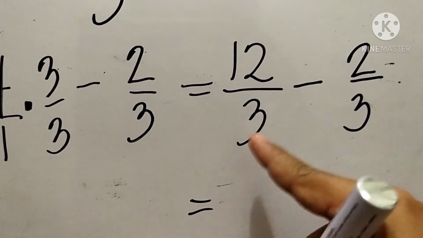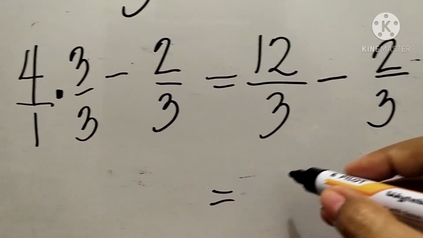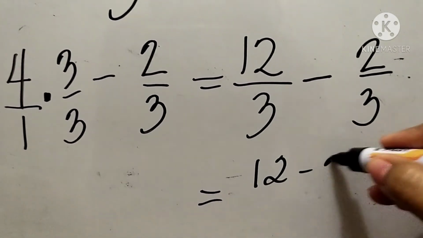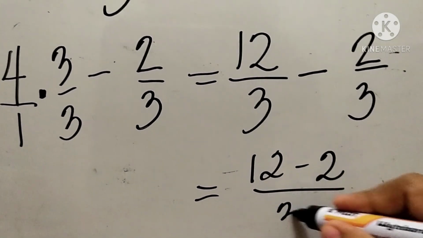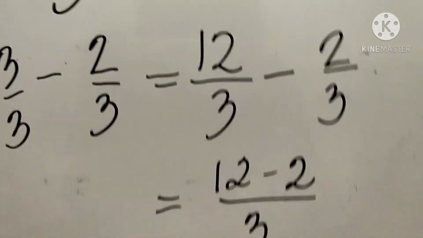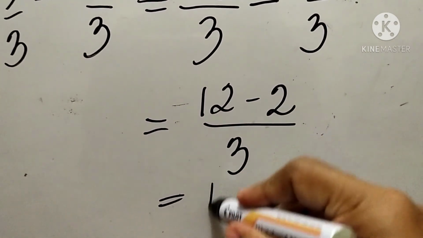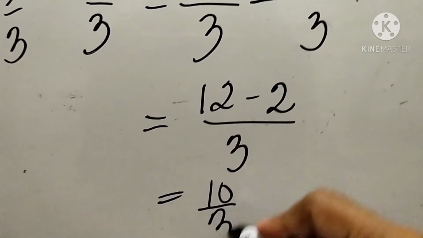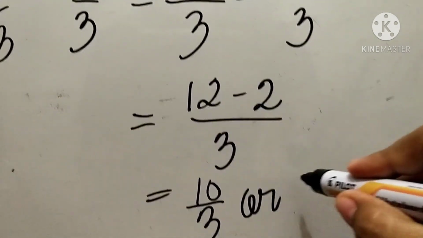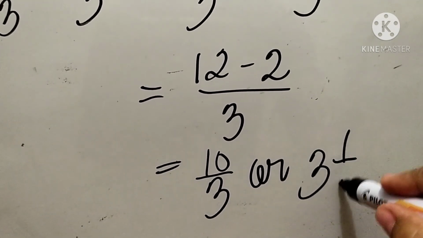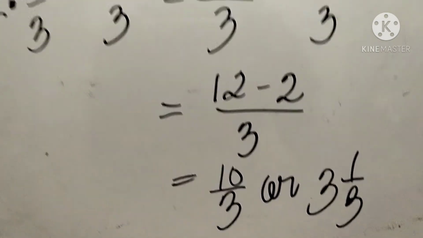Since the denominators are already the same, you can just combine 12 minus 2 over 3. Then 12 minus 2 is 10 over 3, or dividing 10 by 3, that is 3 and 1/3. That's it.